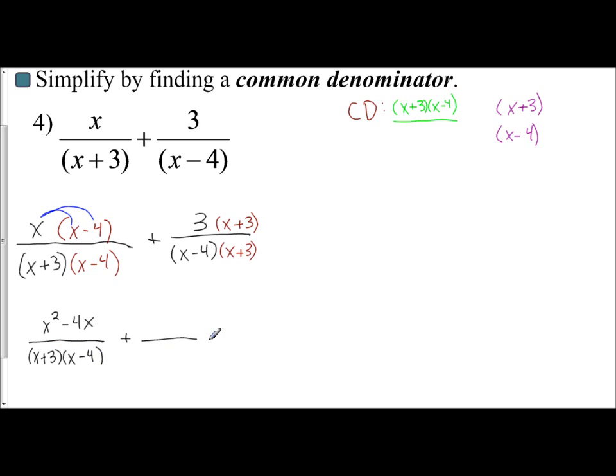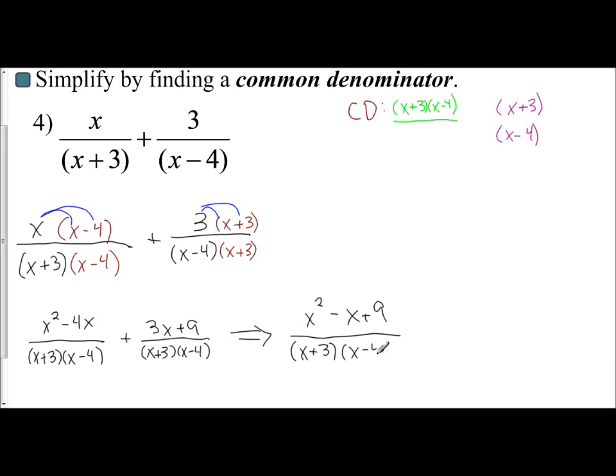When I distribute in the other fraction, the 3 goes to the x and to the 3, and that gives me 3x plus 9. And so now I simplify. x squared minus 4x plus 3x plus 9 is x squared minus x plus 9 over the x plus 3, x minus 4.